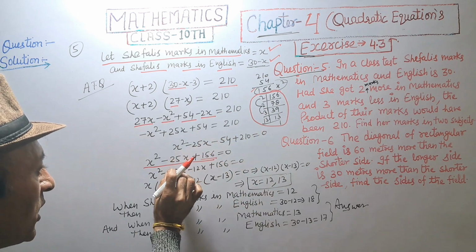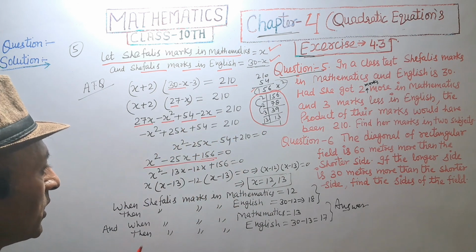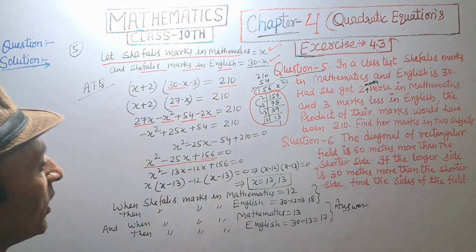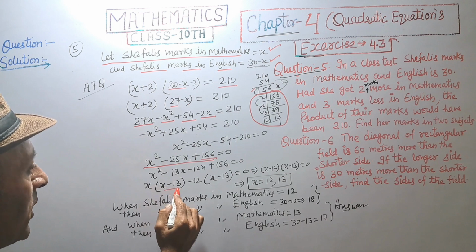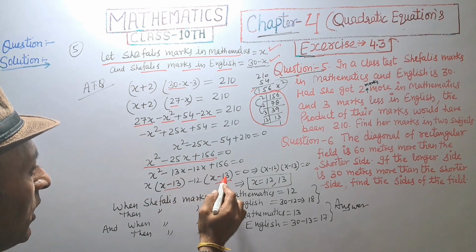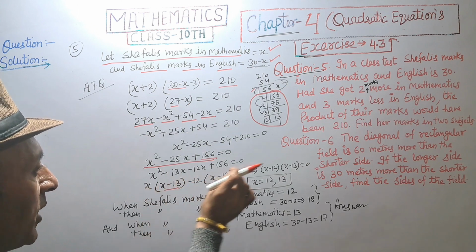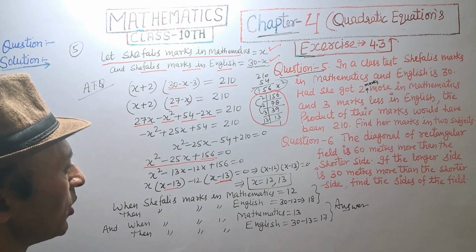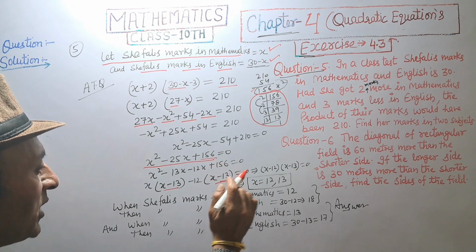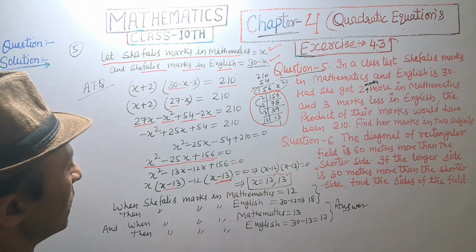Minus 13x minus 12x, that will be minus 25x, and their product will be 156x square. So x is taken common, x minus 13 in bracket, and x minus 13 in bracket here, 12 is taken common, x minus 12 one time, x minus 13 one time is equal to 0. This implies x is equal to 12 or 13.